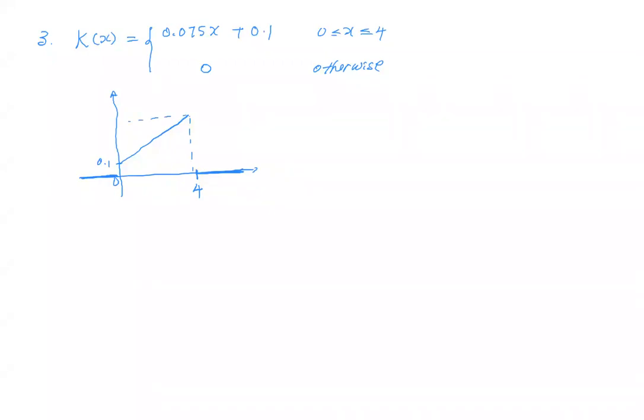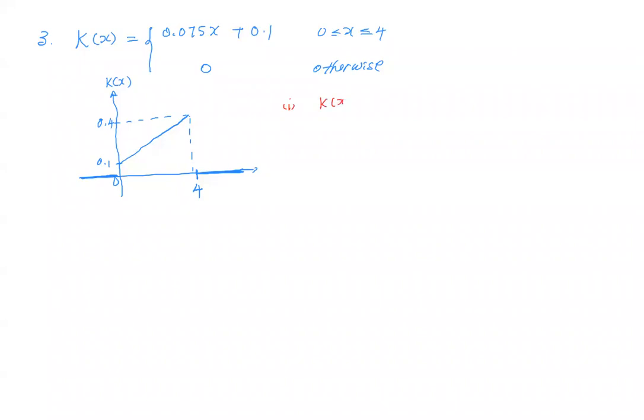I hope you all know what I am doing. Okay, what is the value here? When x equals 4, what is the k for? Is it 0.4? Yeah, 0.4.